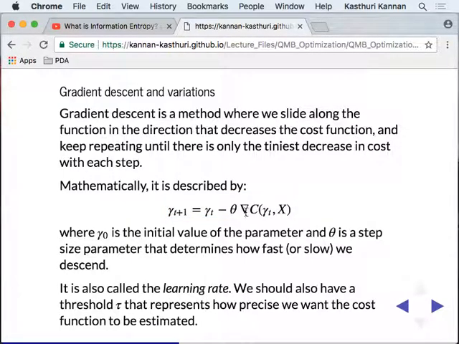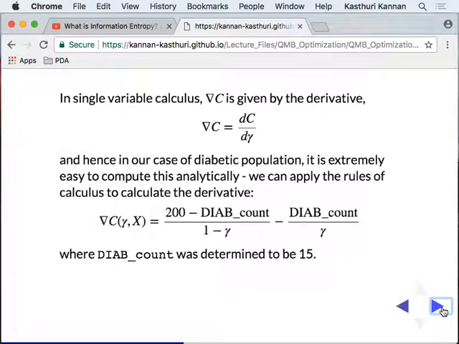Mathematically, you can take the negative of the gradient, and with the parameter theta, which is called the learning parameter, the learning rate, and we should also have a threshold for convergence because we are restricted by the precision, right? Once we have this, we can try to find the minimum by going along the negative gradients, a decreasing gradient, right?